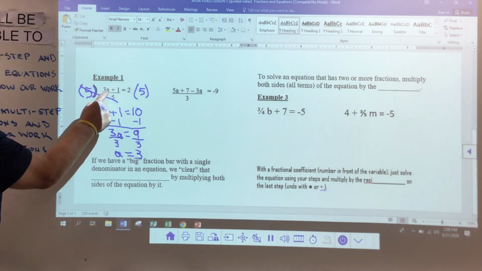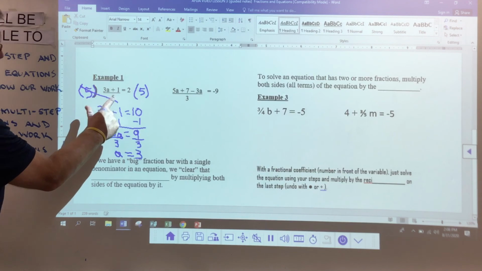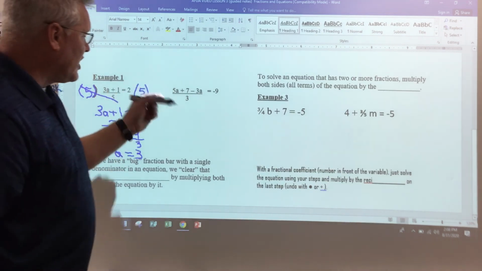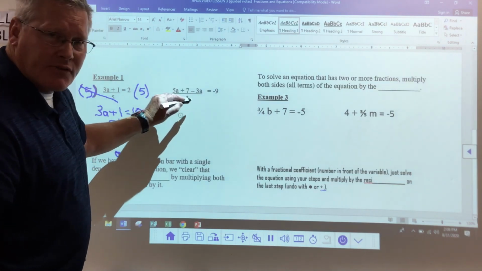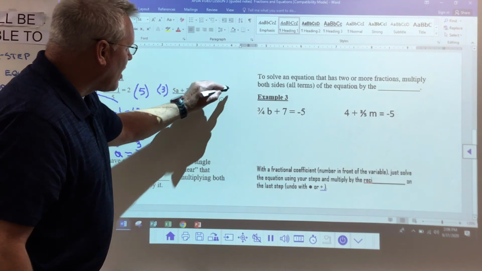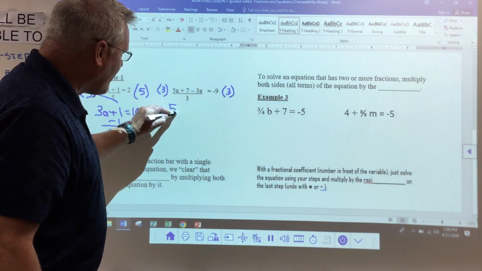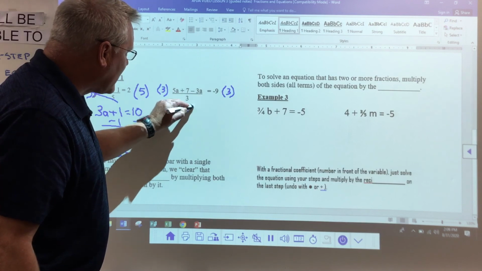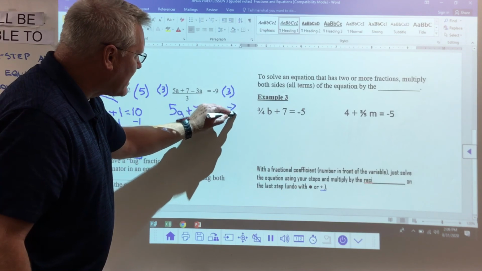Now, check that a equals 3 is the solution. All you have to do is plug in 3 right there. 3 times 3 is 9, plus 1 is 10, divided by 5 is 2. So that checks. So, let's look at this one here. I don't like the fraction, so I'm going to get rid of that big fraction bar by multiplying by that single denominator, which is 3, and now I have 5a plus 7 minus 3a equals negative 27.